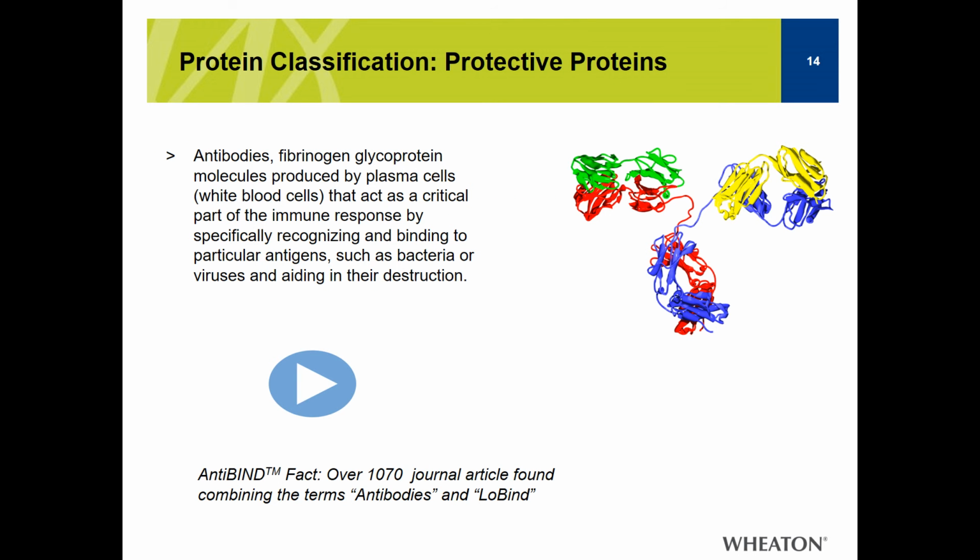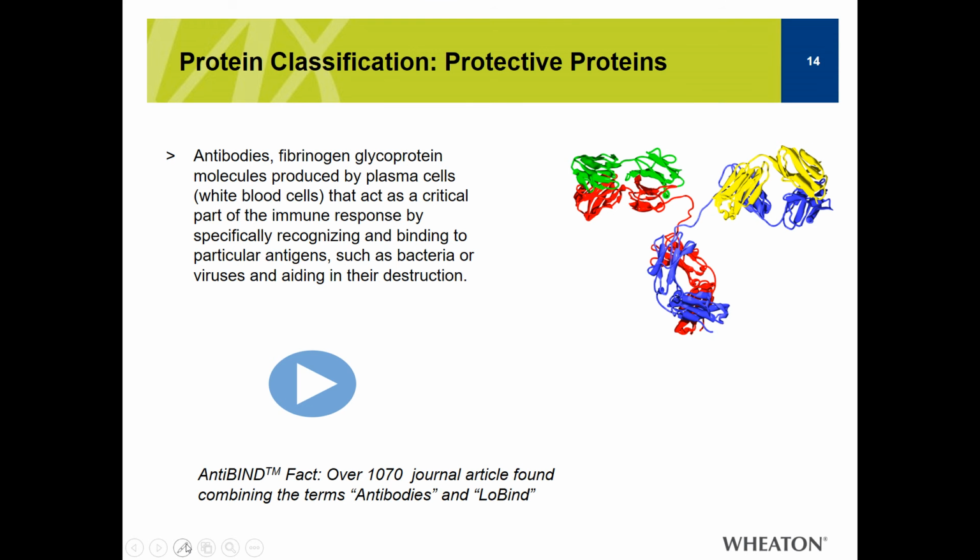The second class of proteins are protective proteins, basically antibodies. Antibodies are a part of your adaptive immune system, and what they do is they recognize and bind to a particular antigen, bacteria or virus, and aid in its destruction.